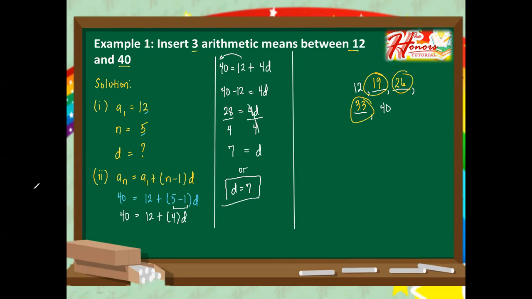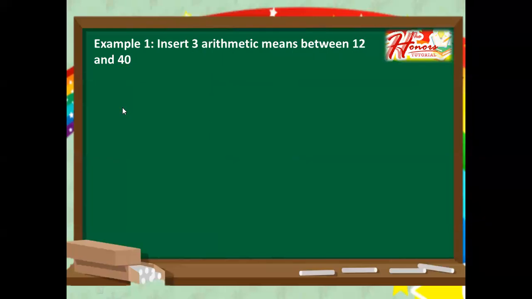Next, let's have another example. Let us insert 5 arithmetic means between 8 and 52. Same process, let's write our solution here. And then let's have step 1.